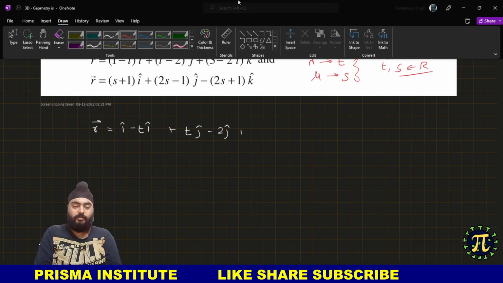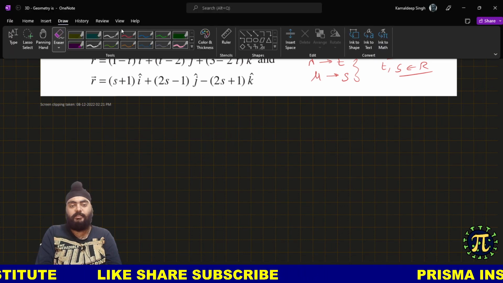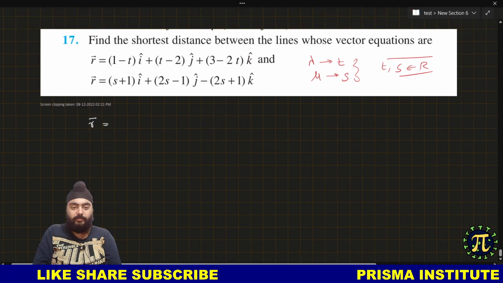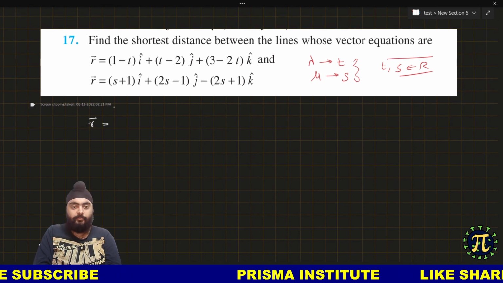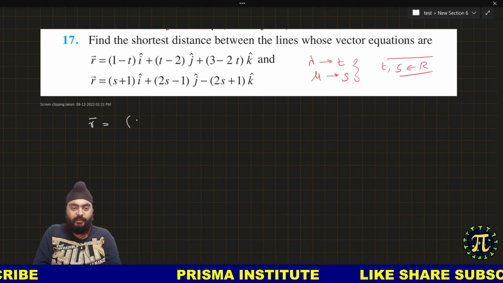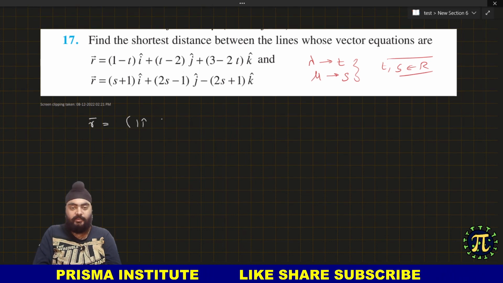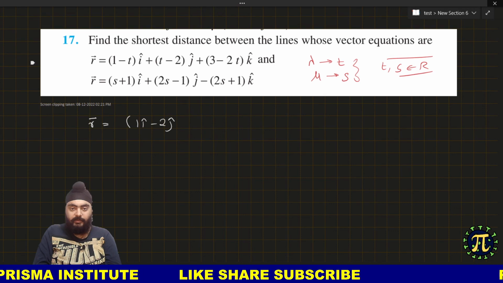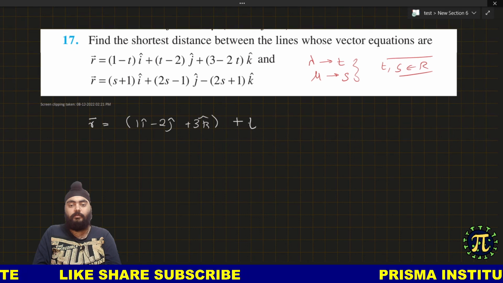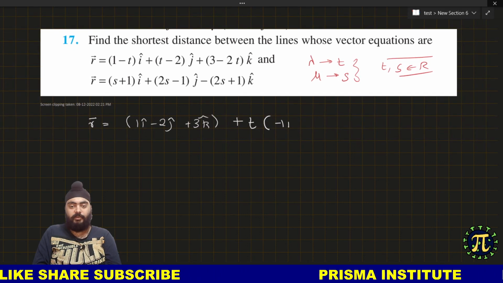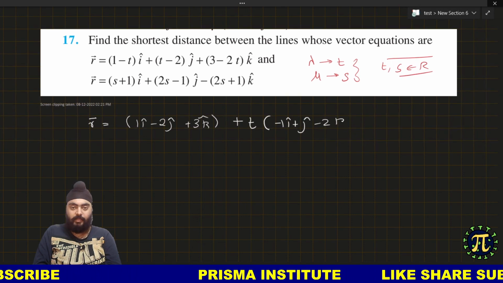So, and if you want to, you can write it directly also. एक बार ओपन करने से अच्छा you can write it directly also, कि पहले आप क्या लिखो, नंबर्स विदाउट एनी आर्बिट्री कांस्टेंट, सो विच इज यहाँ पे इफ यू नोट डाउन पहले वाले में 1 आ रहा है, सो दिस इज 1 i cap, एंड देन नंबर विदाउट t कौन सा है सेकंड वाले केस में, दिस इज -2 j cap, एंड देन आखिरी में क्या है +3 k cap, एंड देन यू टेक आउट t कॉमन, एंड अंदर क्या बच रहा है -1 i cap plus j cap -2 k cap.